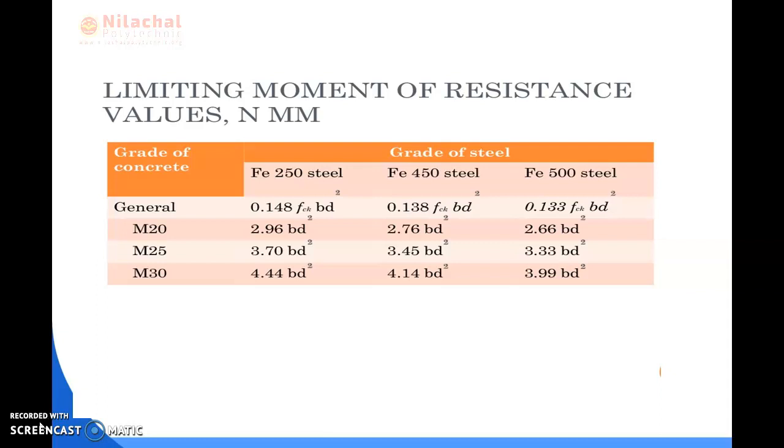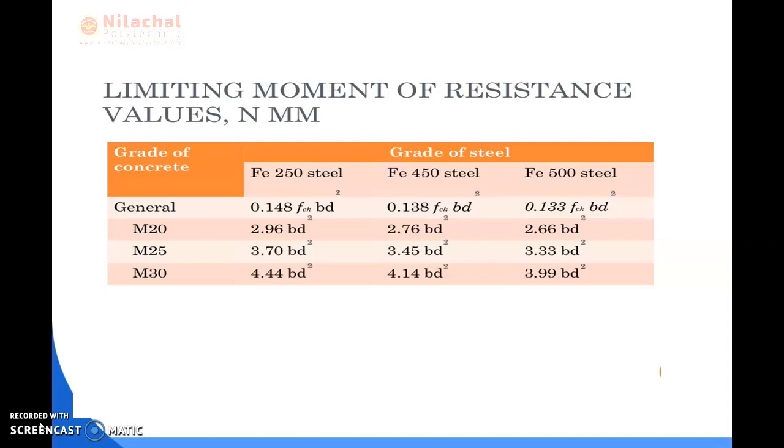The general formula is 0.148 fck bd square for Fe 250, 0.138 fck bd square for Fe 415, and 0.133 fck bd square for Fe 500.